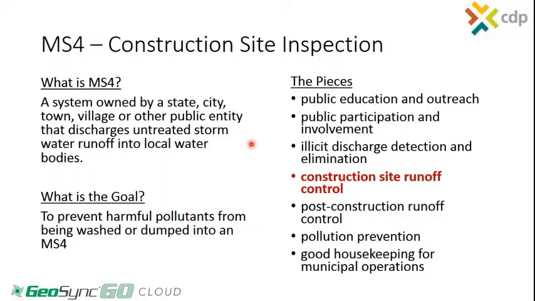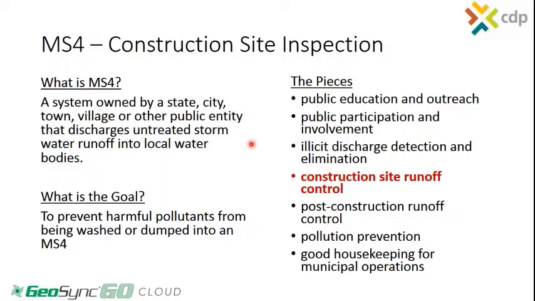Some of the pieces that we utilize to attain that goal are public education and outreach, public participation and involvement, and illicit discharges. We want to find and eliminate those. And particular to today, we want to control construction site runoff. As part of that, we want to manage that information and do inspections on those construction sites.